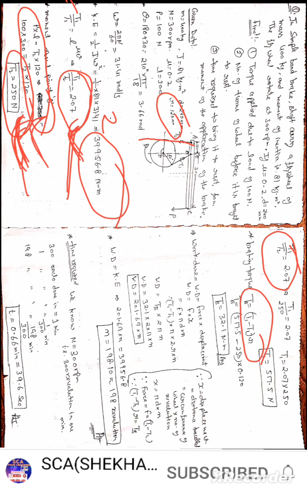Putting the values of T1, T2 and R in this equation, we got the value of TB, the braking torque. So braking torque will be 31.1 Newton meter.